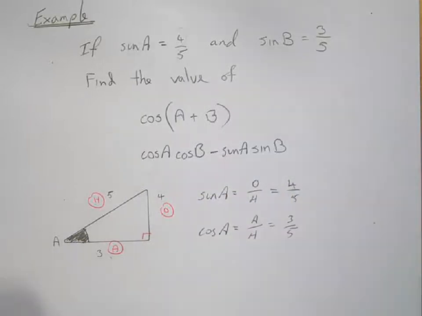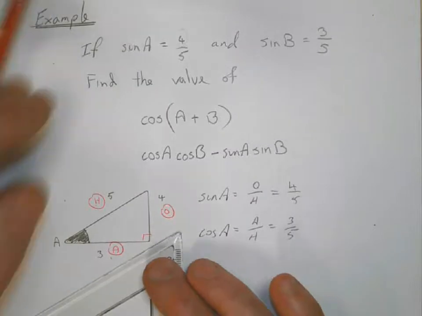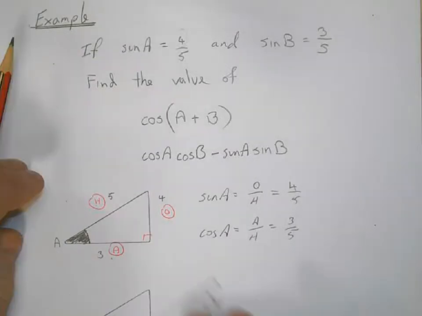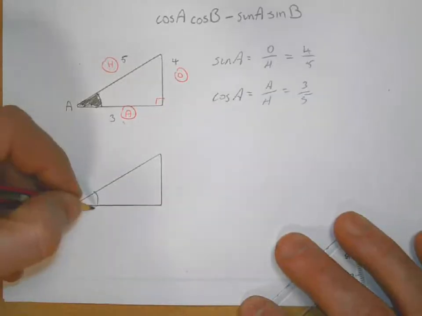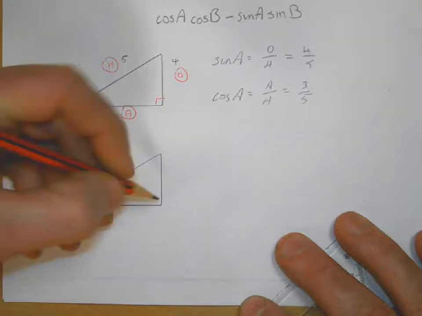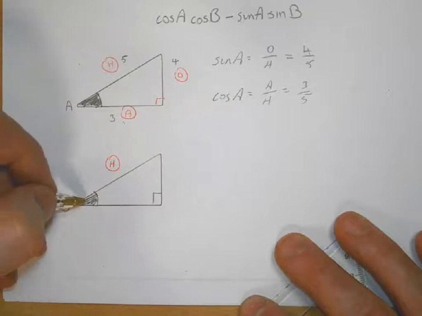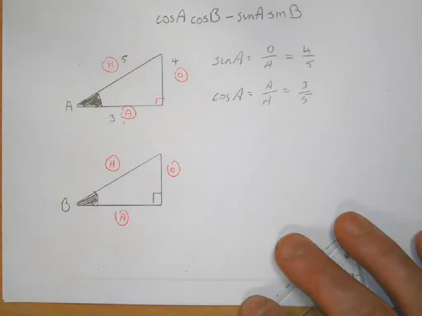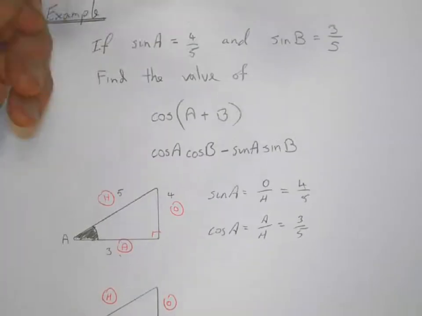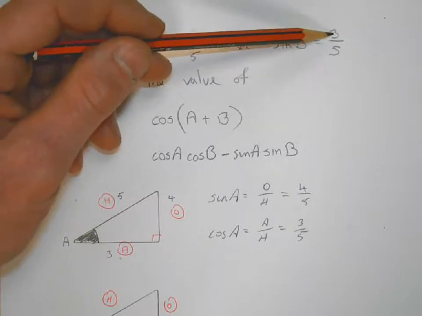Then we can do the same for the other bit of information about angle B. Draw yourself another right angle triangle, angle B. There's our right angle, which means this side over here is the hypotenuse. Our angle's there, that's the opposite, and this is the adjacent. This time we're told that sin B is equal to 3/5, which is the opposite over the hypotenuse.